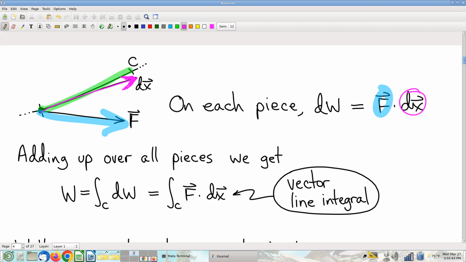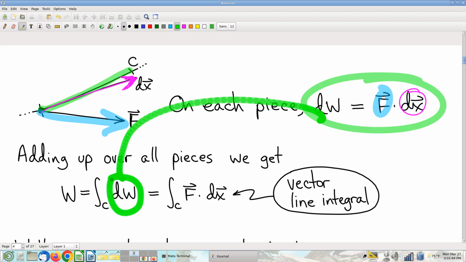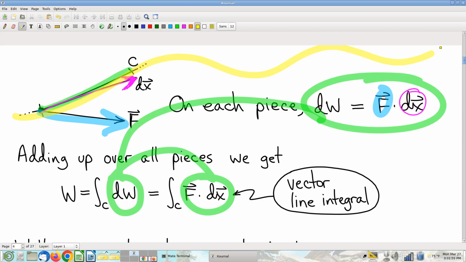Boom, that computes the amount of work it takes to move along that one little piece of curve. Then we add up those little pieces of work over the entire curve, and that gives us the total amount of work. Nothing wrong with that, so it seems.